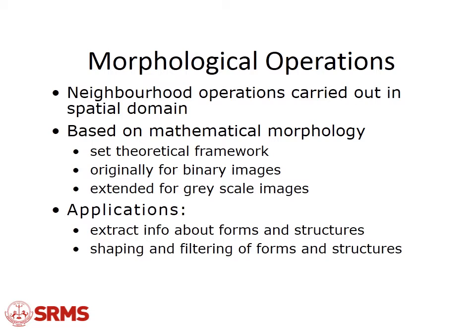Grayscale images have a gray level scale with values in the range 0 to 255. It is not only the value 0 or 1. If it has only the values 0 and 1, then it is called a binary image.